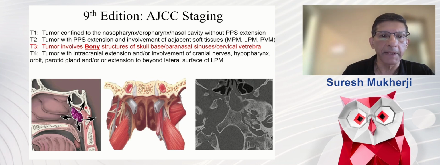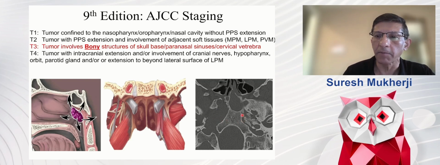So what ends up happening with these nasopharyngeal carcinomas is that they can grow superiorly and they can erode the bone in various patterns. You can have direct erosion of the clivus, or these tumors can extend superiorly through this petroclival fissure and extend into the skull base. So this is an example of a nasopharyngeal carcinoma that's eroding the skull base.